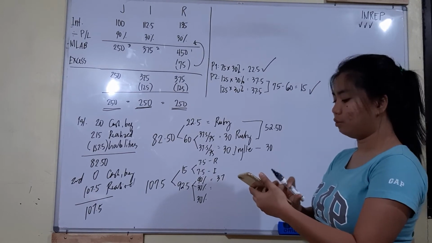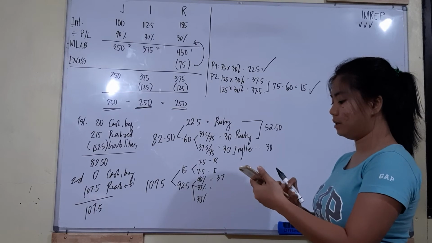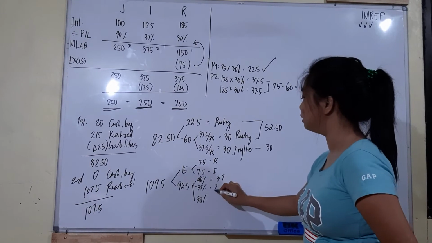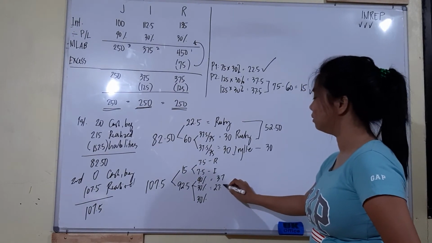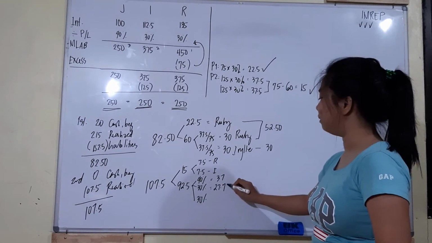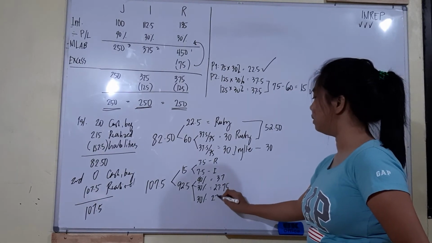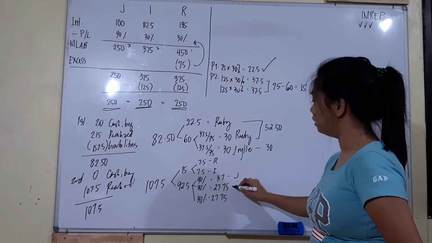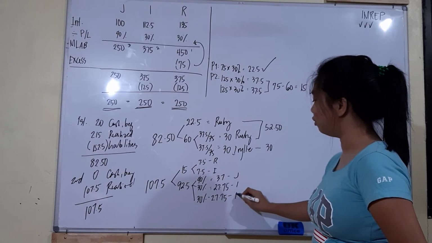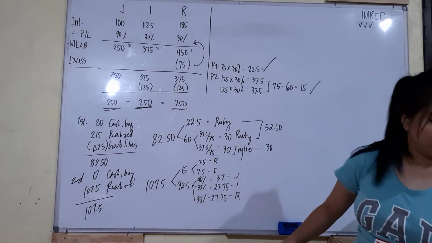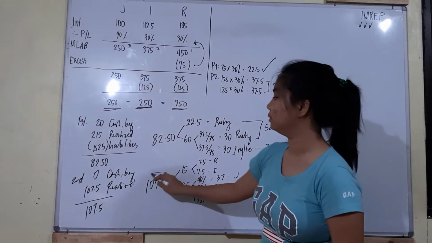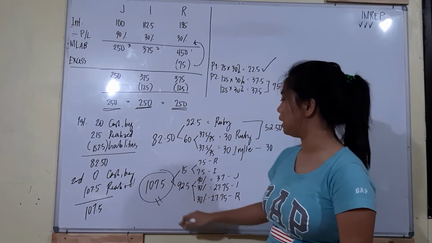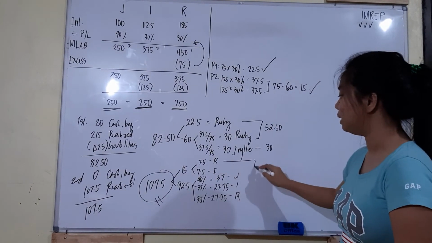So, we have 92.5 multiplied by 30%. This is 27.75. Is also 27.75. Okay, so this is for J, this is for I, and this is for R. So, sa 107,500 na available na cash natin, Ruby will receive, magaling kay Ruby.